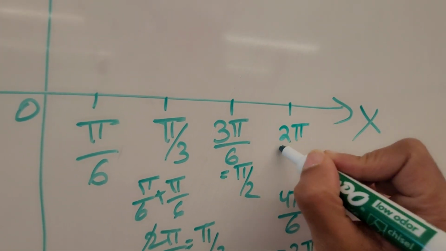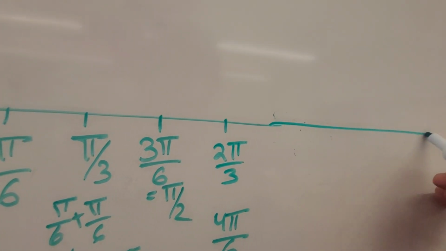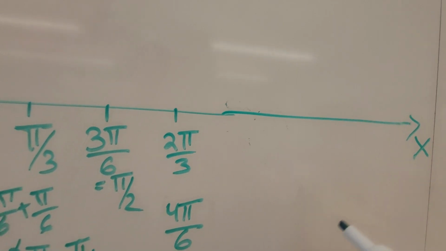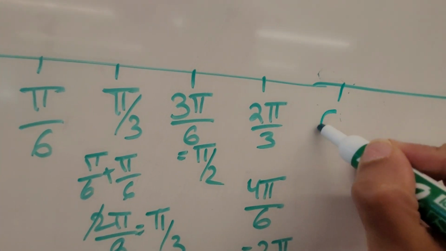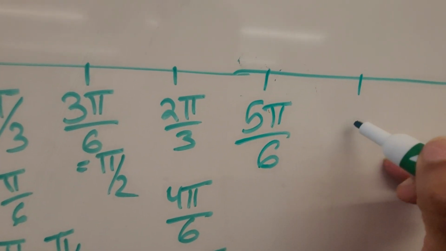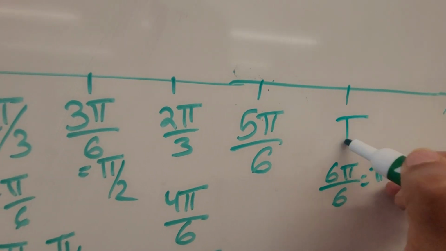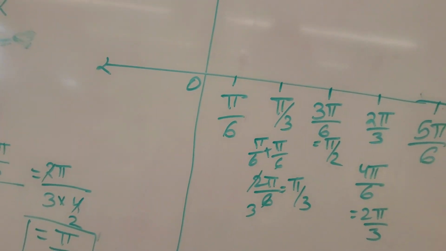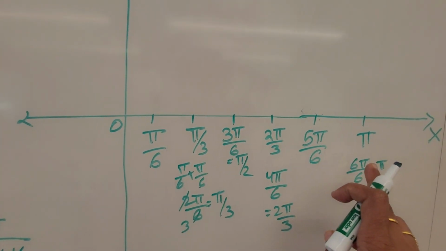Let me extend the x-axis here for writing the other numbers. After 4 pi by 6, I have 5 pi by 6, and then 6 pi by 6, which is equal to pi. In this way, I have taken the points on the x-axis.